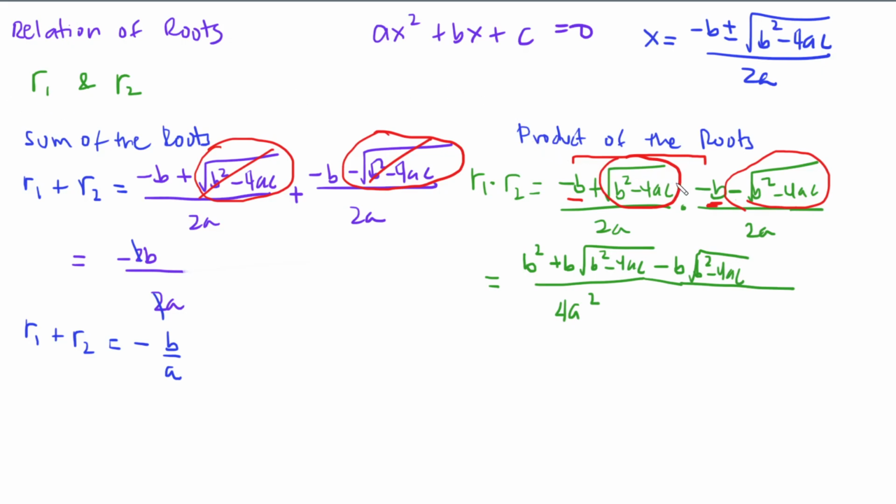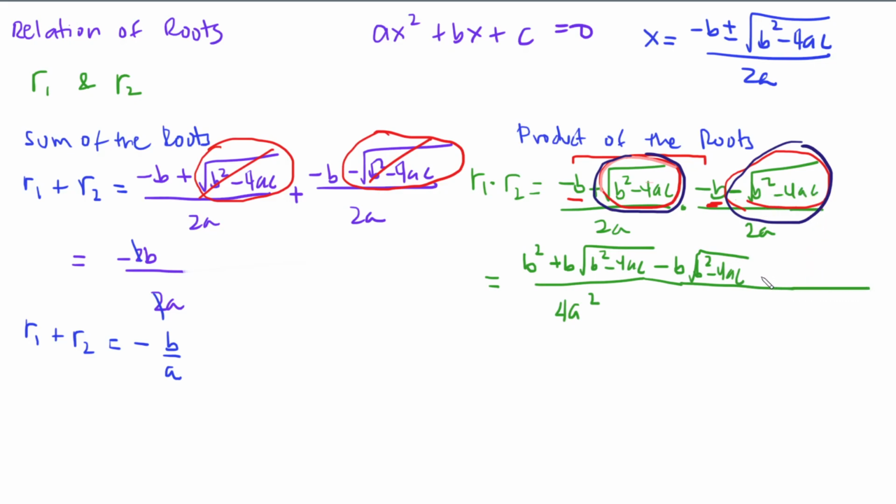And then the last term, the square root of b squared minus 4ac times the negative square root of b squared minus 4ac.